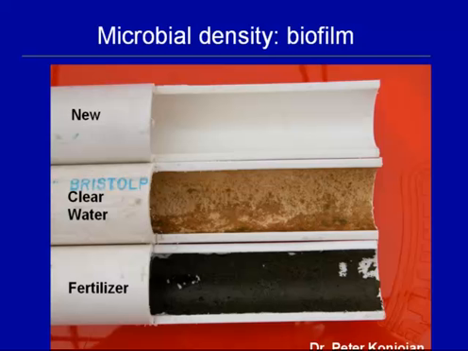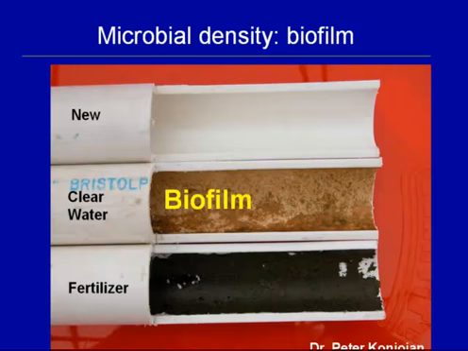Another aspect of biological water quality is the microbial density or biofilm, the gunk that lines the insides of our piping. These are a cutaway of some different pipes here. The photo is taken by Dr. Peter Conjoyan.